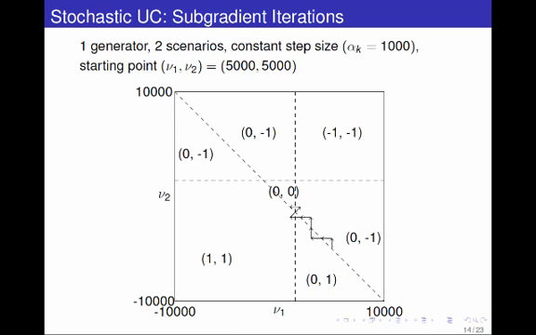Now, when I land in this part of the space, there's only one direction to go, this way. So I land again on this line that separates the two regions. It sends me to the left, then I go up, again it's the same. This is the evolution, with constant step size equal to 1000.